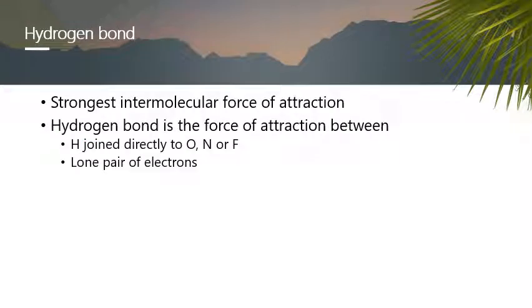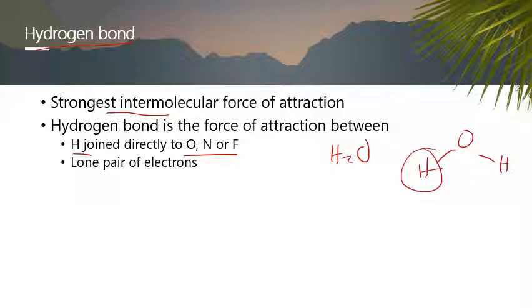And the strongest of the intermolecular forces is the hydrogen bond. So this is the strongest. Now this requires the hydrogen to be joined to O, N, or F. For example, if you have H2O, so you have that hydrogen, or you can have NH3, or you can have HF, right?